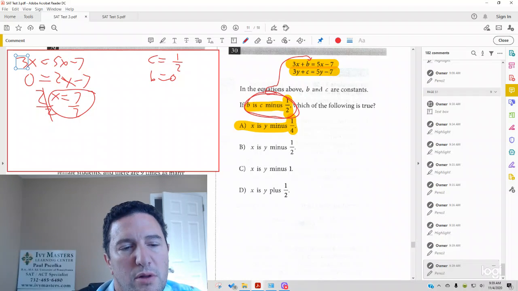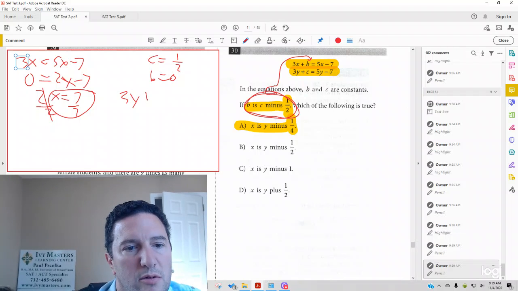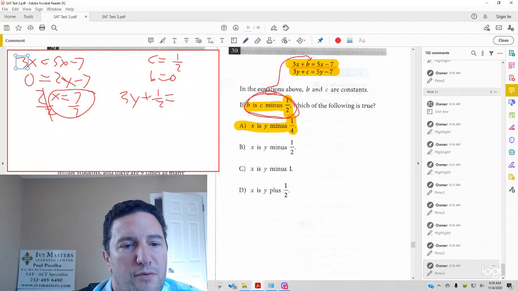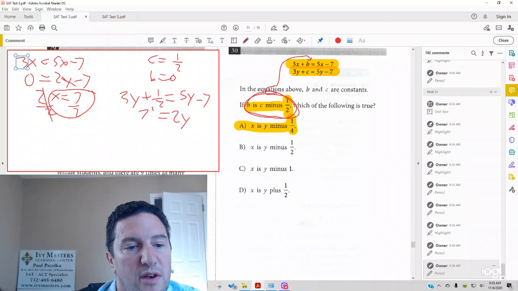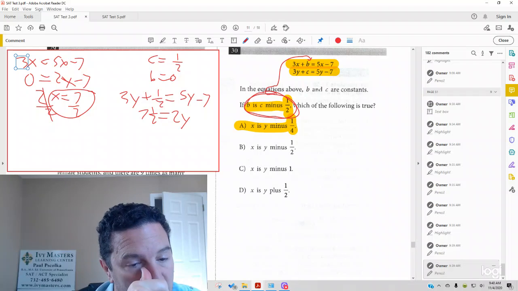Plugging into the second equation, I have 3y plus c, which is 1/2, equals 5y minus 7. And now what I could do is I could subtract my 3y from both sides. I get 2y over here. I could add my 7 to both sides, equals 7 and 1/2. And now how would we do this?